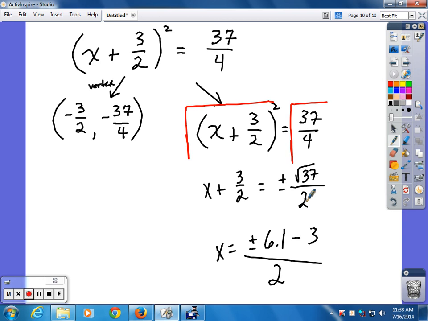Well, you bring it over like this. So negative 3 over 2. Like that. Eventually, you're going to get this. All right. 6.1 minus 3 is what? What's $6.10 minus $3? $3.10.